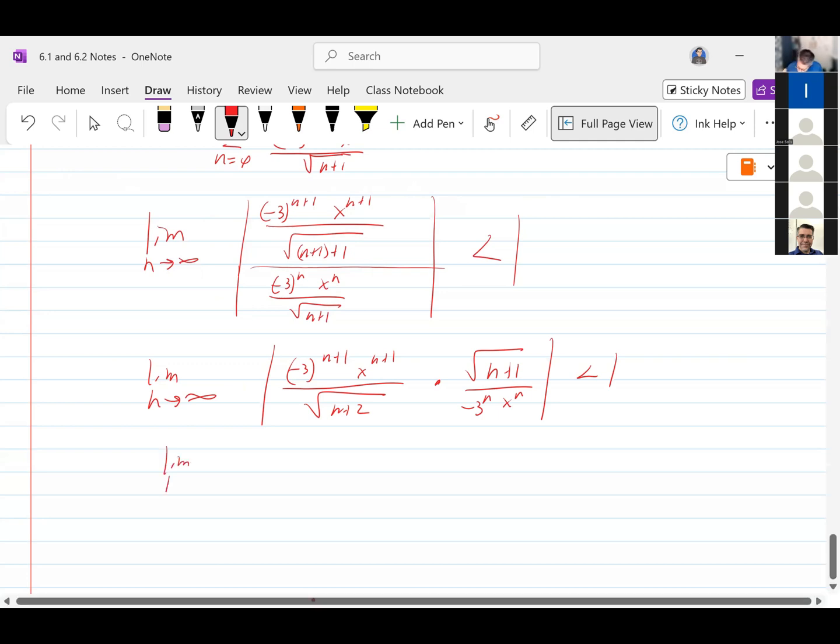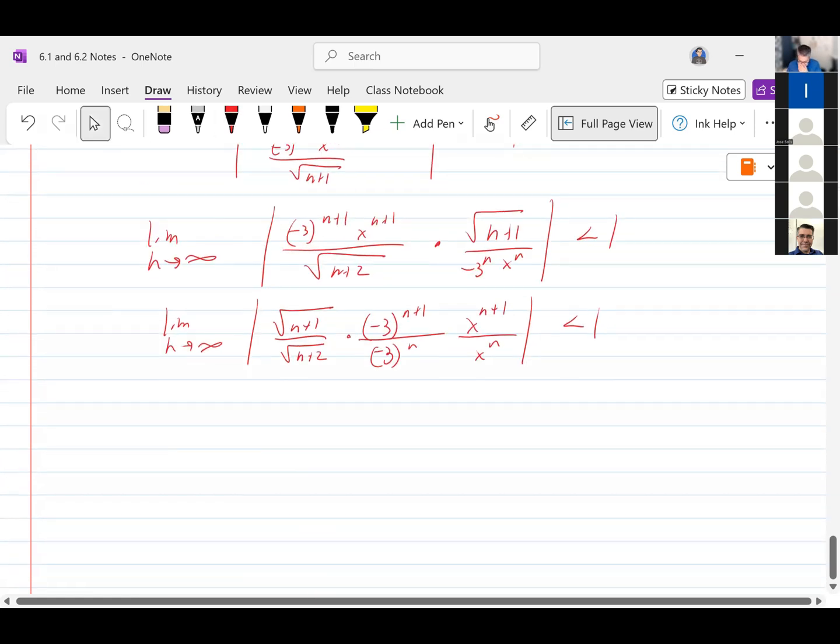The limit as n goes to infinity, I'm going to put the n things in first, where it's just dependent upon n. So this is the square root of n plus 1 over the square root of n plus 2, times (-3) to the n plus 1 all over (-3) to the nth. This is going to become x to the n plus 1 all over x to the nth. When is that less than 1?